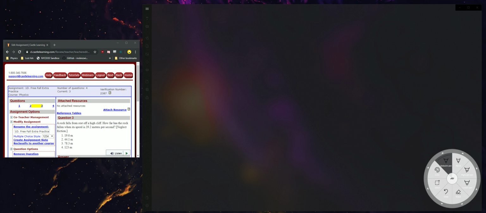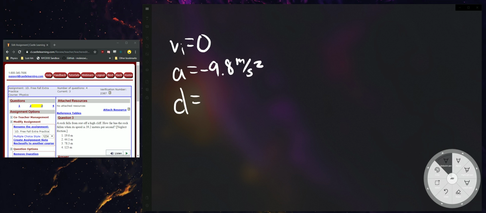Number 3. Rock falls from rest. It's falling from rest, so you know v initial is 0. It's falling, so you know a is negative 9.8 meters per second squared. How far has the rock fallen?